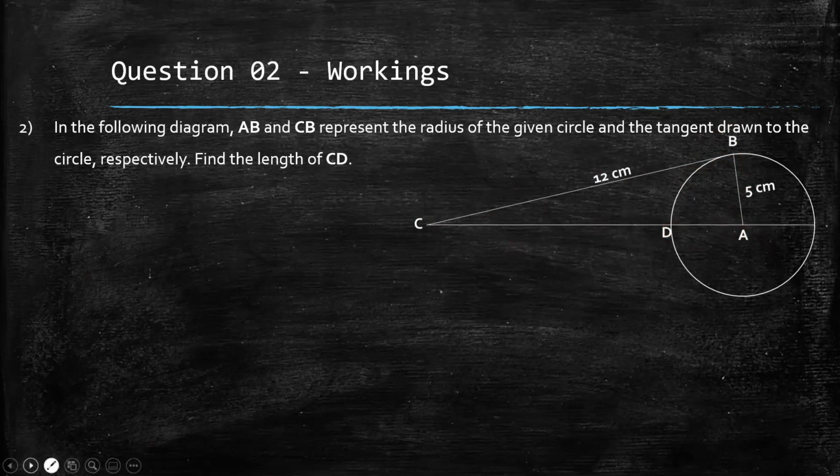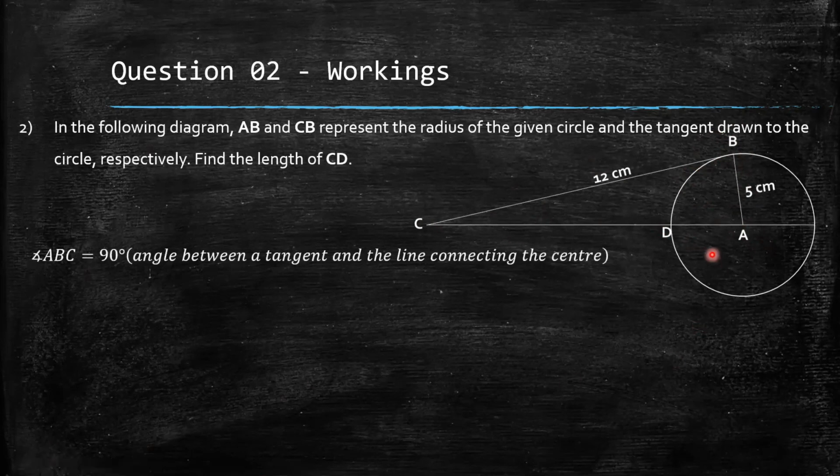So now you know this angle. There is a rule: the angle between a tangent and the line connecting the center is 90 degrees. Right? Once you draw a tangent to a circle from an external point, the angle between that tangent and the line connecting the tangent point and the center is equal to 90.